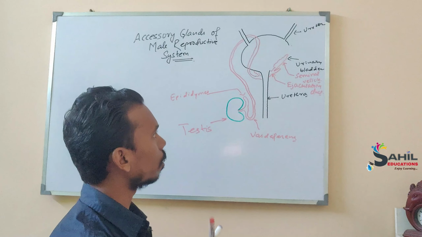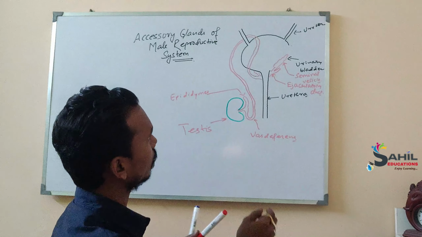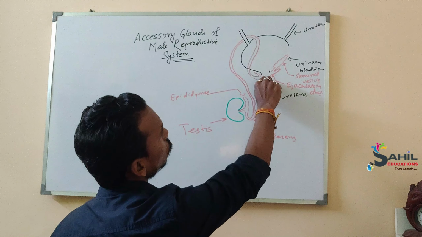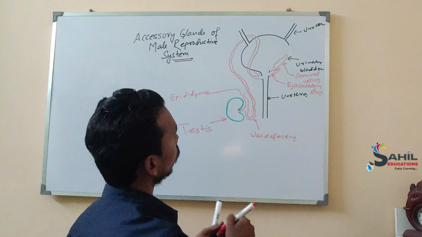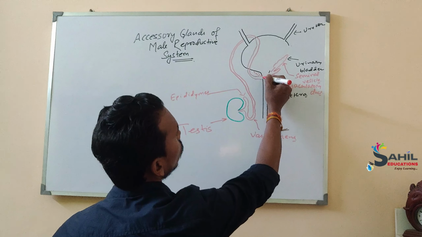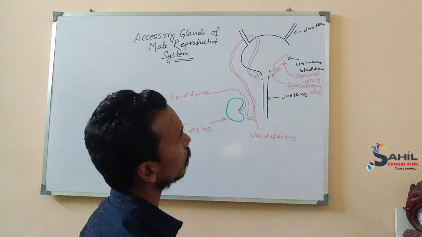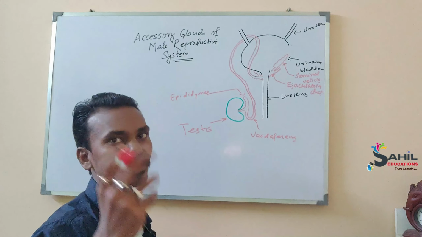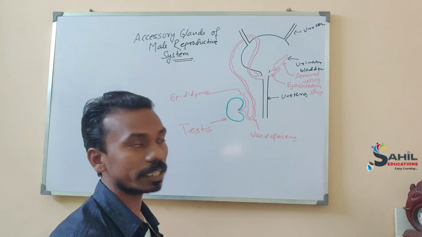Okay. Now, after this, the seminal vesicle joins here with the urethra, and it drains the sperm and the fluid which has been produced in the seminal vesicle into the urethra.